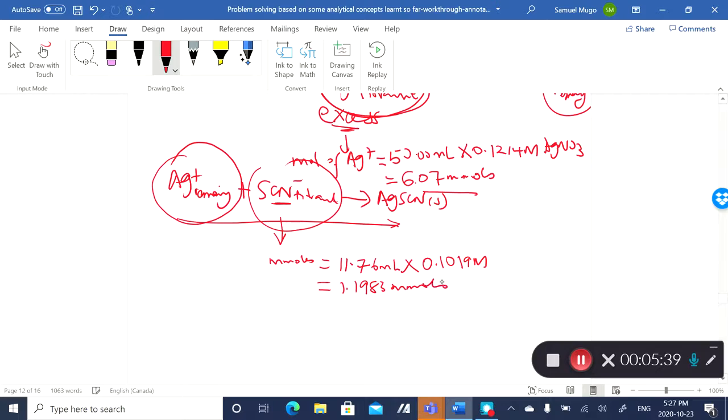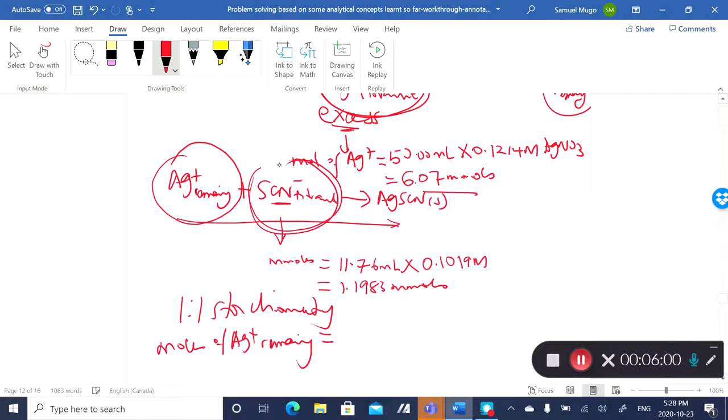Remember, this is a one-to-one stoichiometry. Meaning that the moles of silver that is remaining would be equal to the number of moles of the thiocyanate that were consumed, which we've already calculated up there.